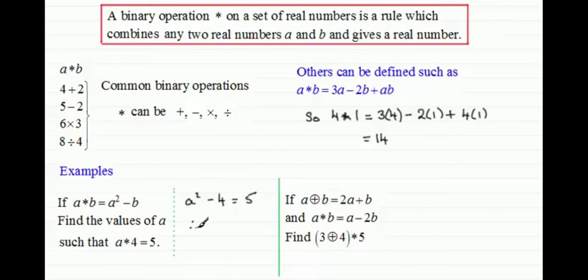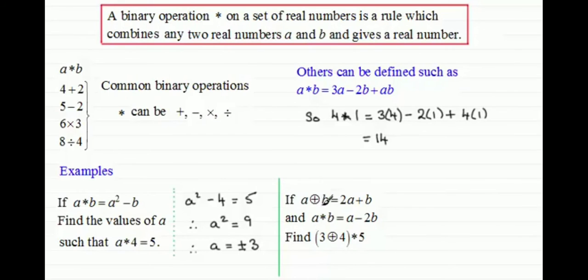It is given to be 5. Therefore a square is equal to 5 plus 4 is 9. Hence the answer of a is plus or minus 3. So the value of a is found to be a real number, plus or minus 3.